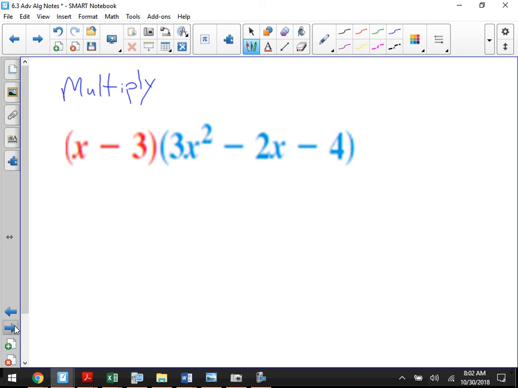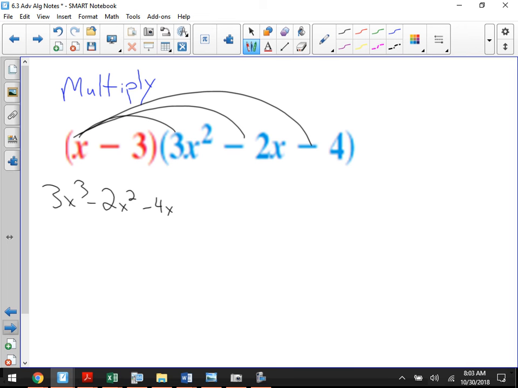Anyway, multiplying, basically this is distributing out multiple times. So as you do this one, I know you guys all know how to do this. Just please draw your arrows so you don't forget to send it to 1. And just multiply through. 3x cubed, 2x minus 2x squared minus a 4x.